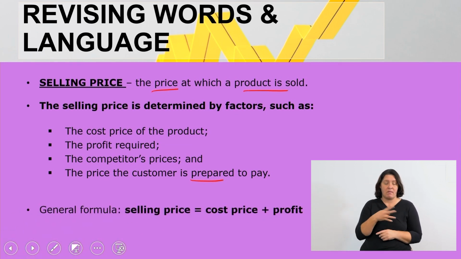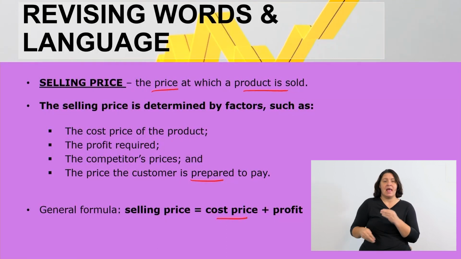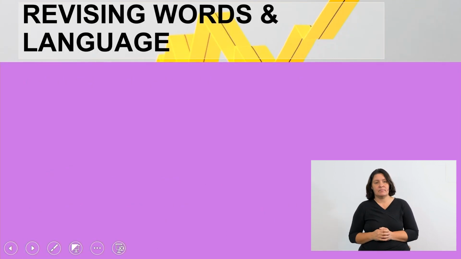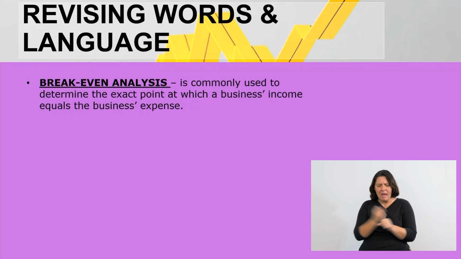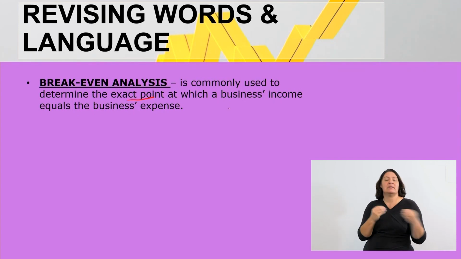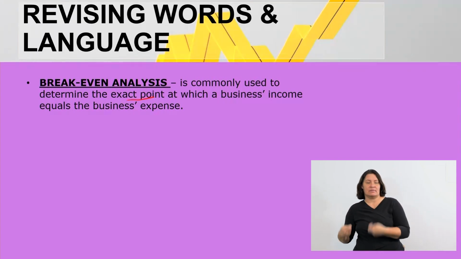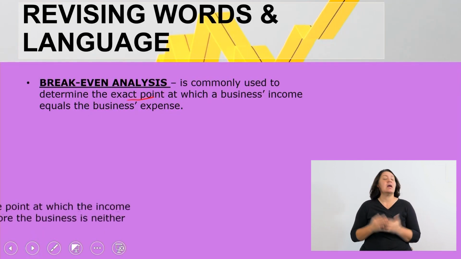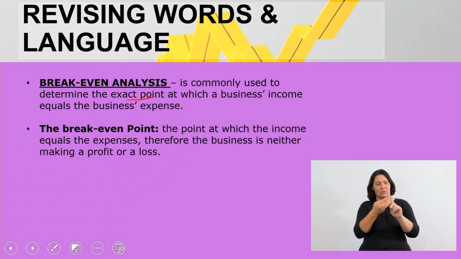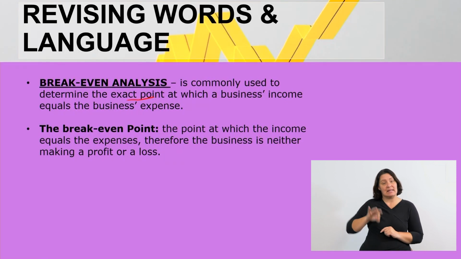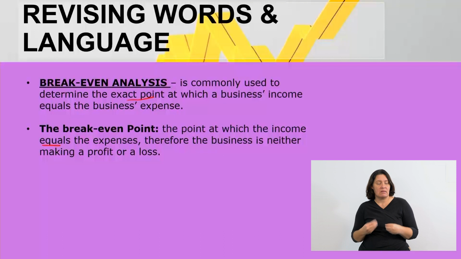And then the general formula for selling price is where I take my cost price and I add my profit to that. Okay, so we also look at break-even analysis. It's commonly used to determine the exact point at which a business income equals the business's expense. And then we'll also look at the break-even point. That's the point at which the income equals the expenses. Therefore, the business is neither making a profit nor a loss.